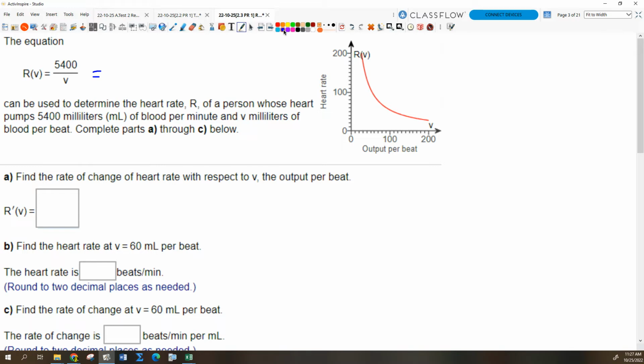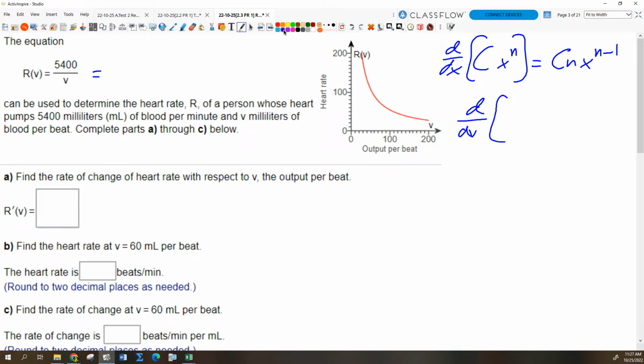I can't have that. I have to have, remember, it has to look like this. My power rule says the derivative with respect to X of C X to the N equals C n X to the N minus 1. Or in this case, the derivative with respect to V of C V to the N is what I'd have to have, right?